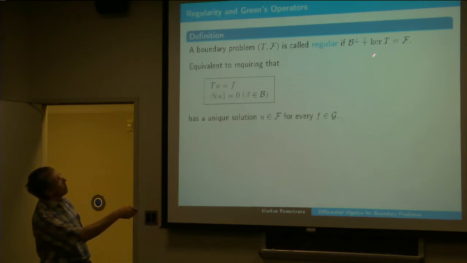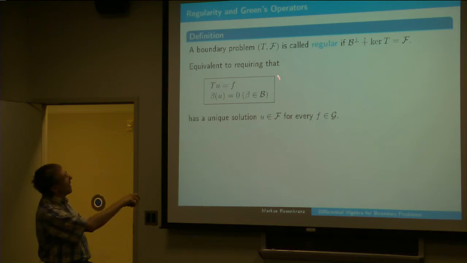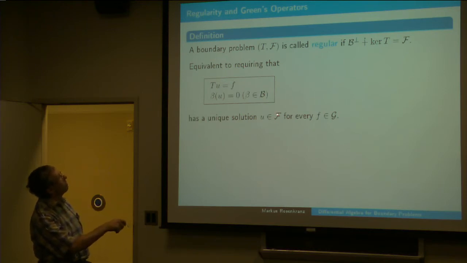You can simply work this out. This condition here is equivalent to the fact that when you write this now as a more or less classical boundary problem, then it means that for every forcing function f, there's a unique solution u. Okay?